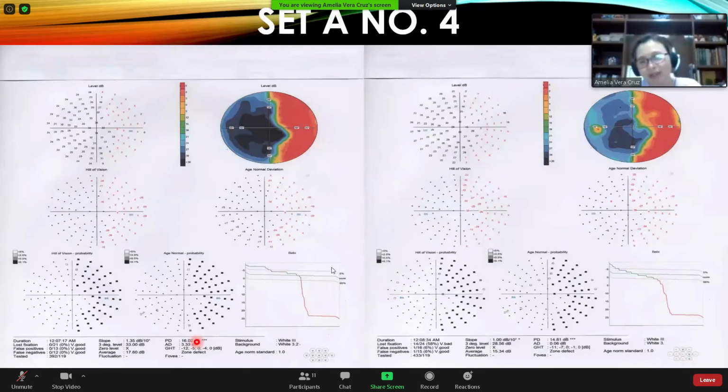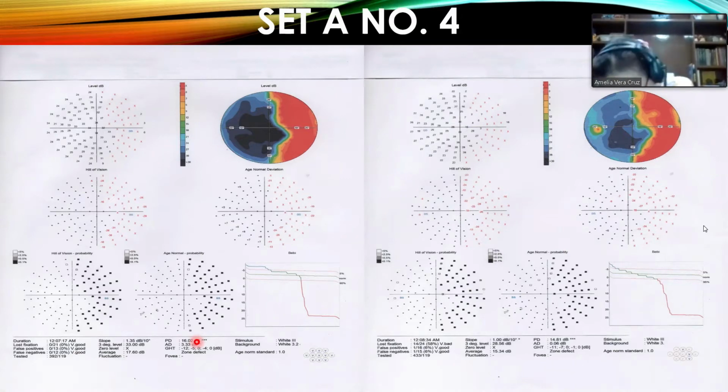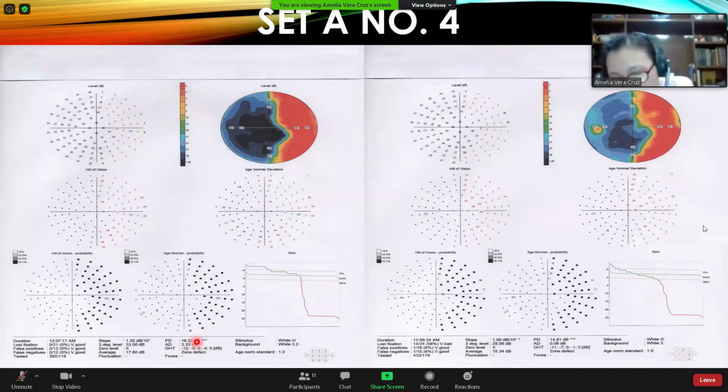Oh, nasa neuro-ophtha na tayo. Where is the lesion? Drawing sa papel. Sige, you draw. Draw your optic nerve pathway. Paper, get paper.